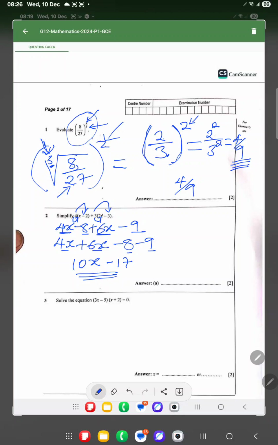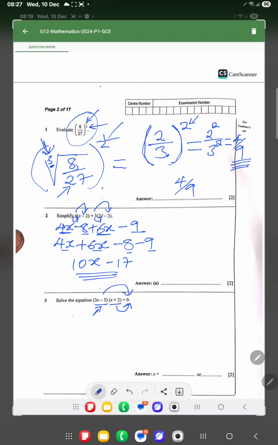Then we go to question number 3. Question number 3 says solve the equation (3x minus 5)(x plus 2) equals 0. How do you solve these? Since you are given two brackets, all equated to 0, you can say this bracket can be equated to 0, and this one also can be equated to 0, for you to get the values of x.